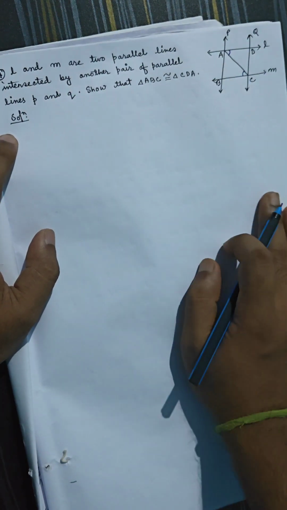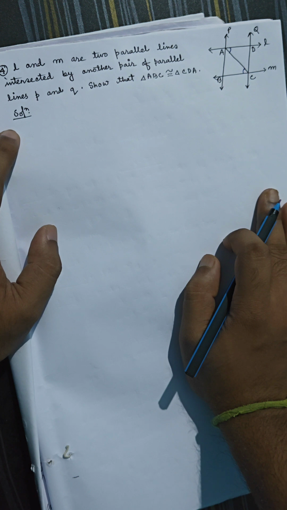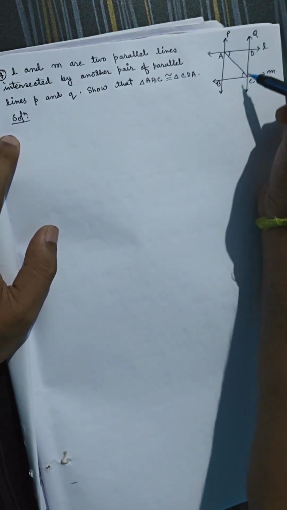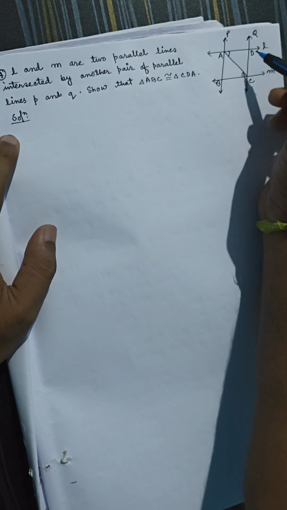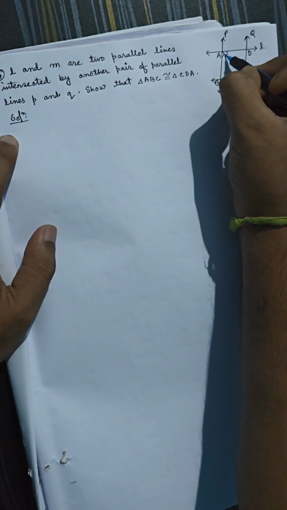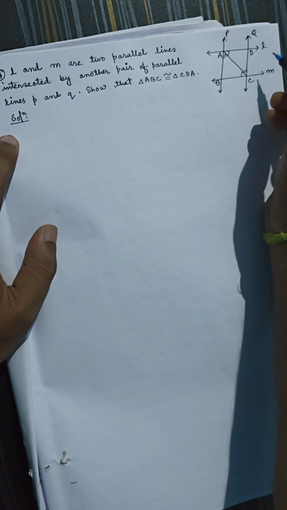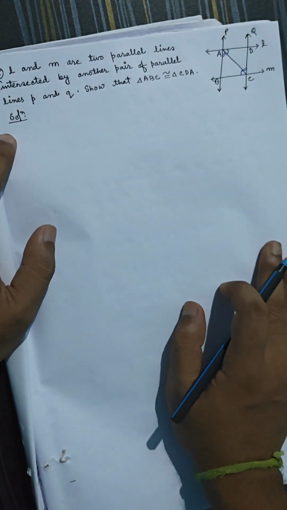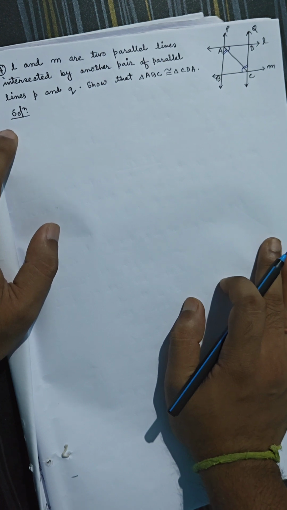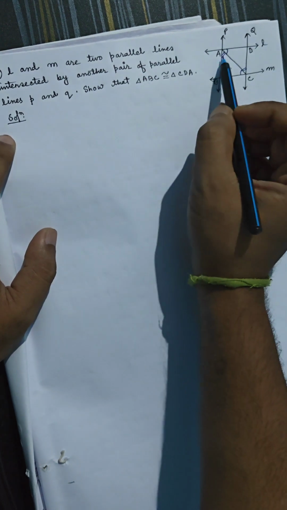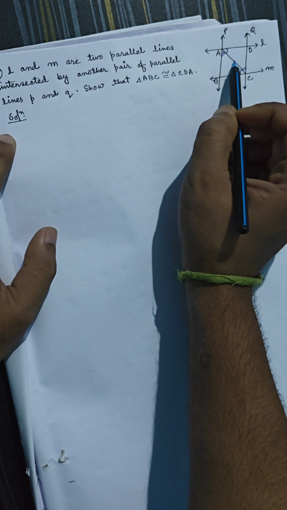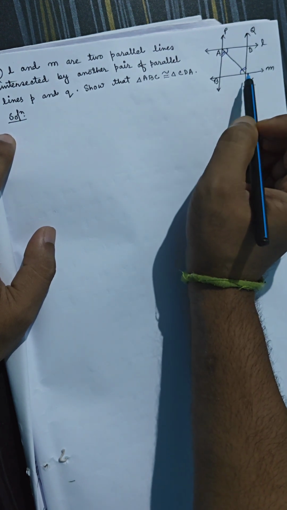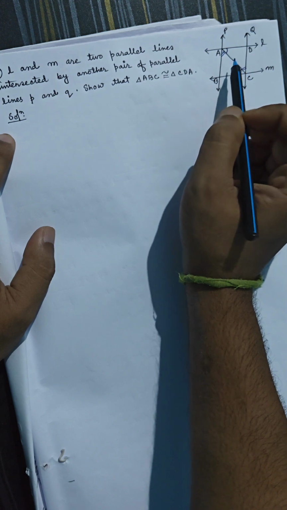These two angles are alternate angles. Again, P and Q are parallel, and AC is again their transversal. In this case, this angle is equal to this angle. They are also alternate angles, and AC is the common side between them. So by these two angles and the side between them, we can say these two triangles are congruent. That means we will apply ASA here.